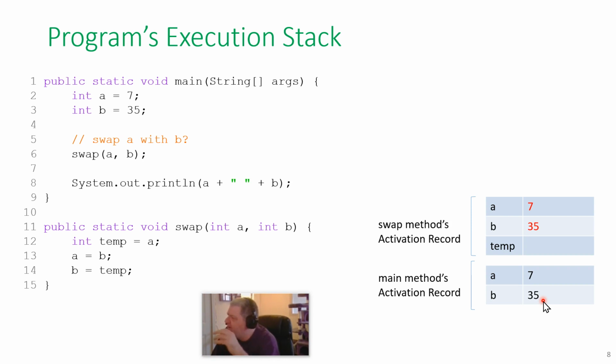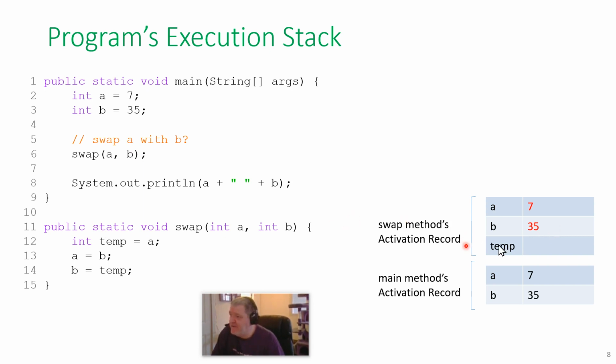So what do I need to store while I'm executing the swap method? Well, I have two parameters, A and B, okay? So I'm going to have room to store the value of A and the value of B. How are they initialized? When I call the method, I call it with A and B. So A is 7, B is 35. I pass the value 7, which is stored into a parameter that is, weirdly enough, also named A, but it doesn't have to be named A. And then the value 35 is stored in the parameter named B, which could again be named whatever we want.